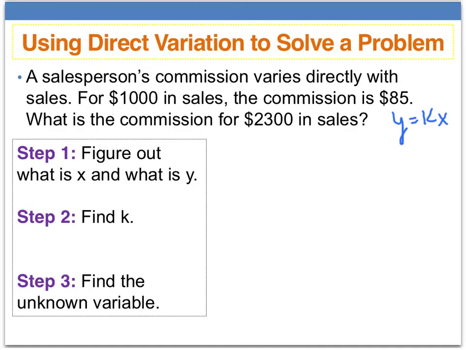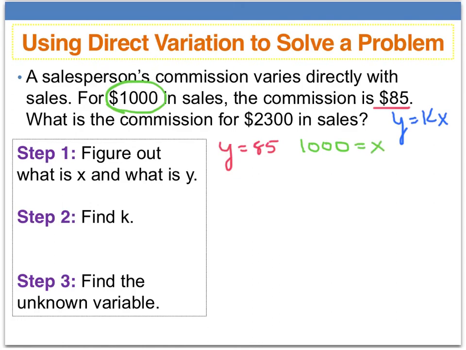Well, first we have to figure out what is representing x and what is representing y. Now, x is usually our input values. What are we putting in? And then something happens to it. It is multiplied by k, and then we get out y. Well, I'm putting in $1,000 in sales, and I'm getting out $85 in commission, which means my y has to be 85 and my x is 1,000.